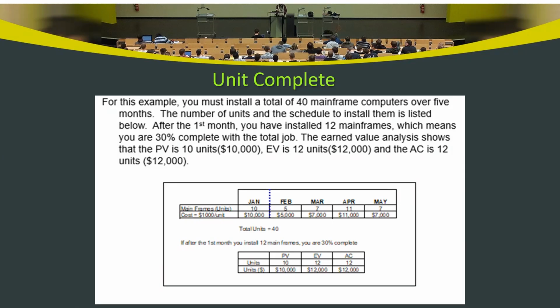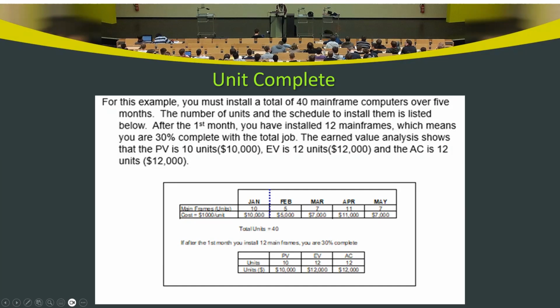So what is the planned value in this case? According to the plan, you could complete 10 computers, so 10 is the PV. But you actually completed 12 computers. That's what you have earned, the actual work you have completed. So your earned value is 12.